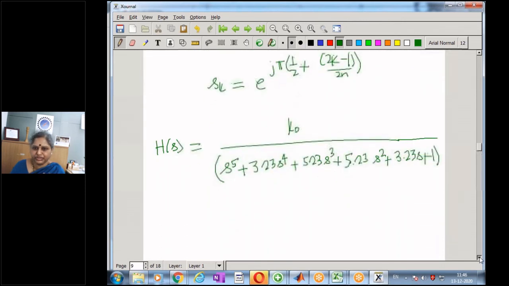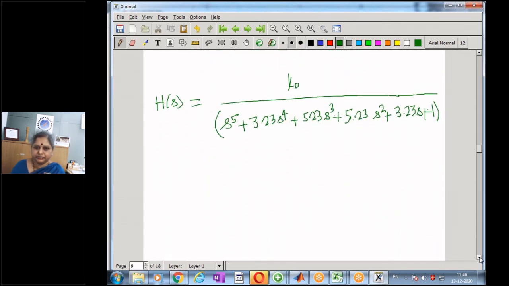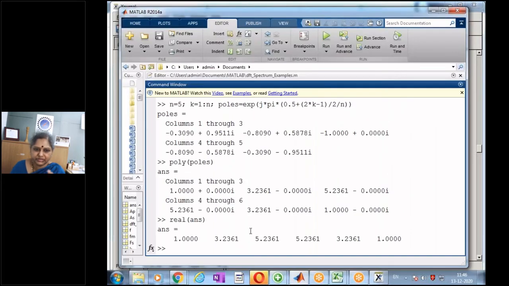They are all complex conjugate poles, and I don't think we'll try to write all the poles.